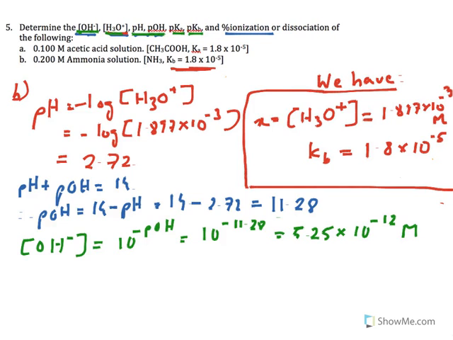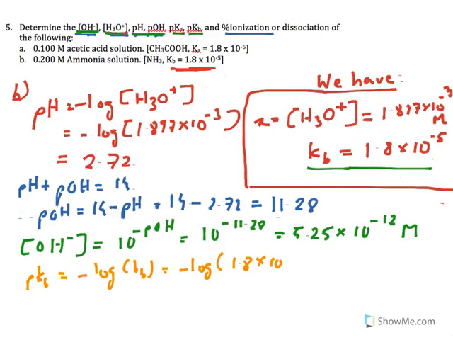So we are already given our Kb value, which is 1.8 times 10 to the power of negative 5. So we can use that to find our pKb value. So pKb is going to be equal to negative log of Kb, which is negative log of 1.8 times 10 to the power of negative 5, and that is equal to 4.74.